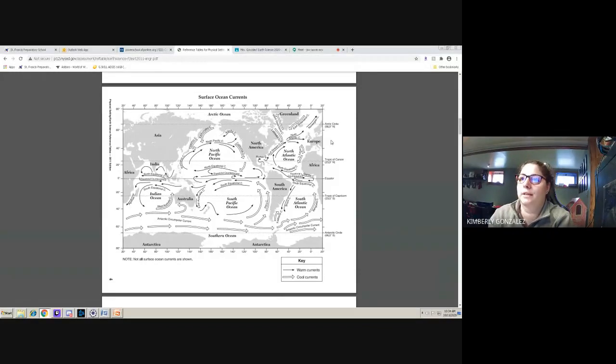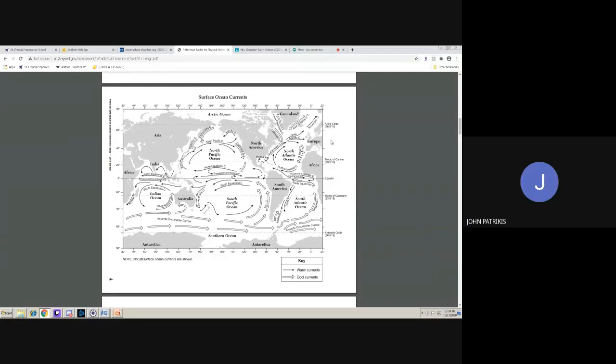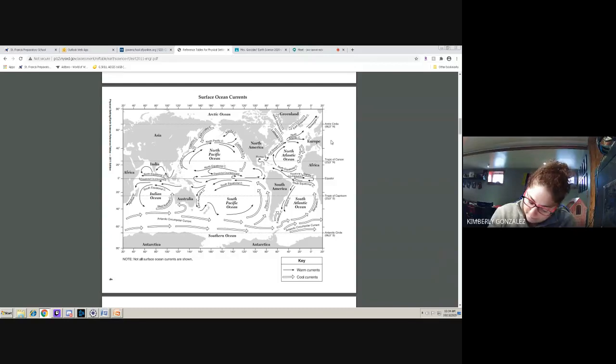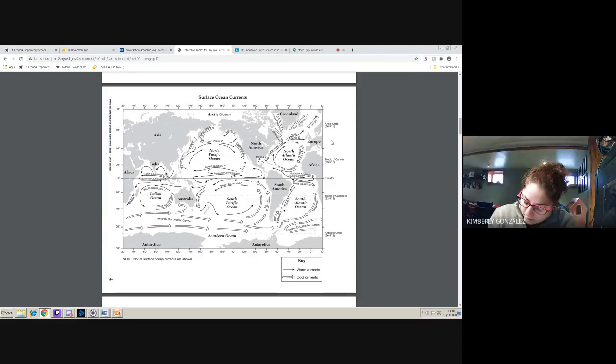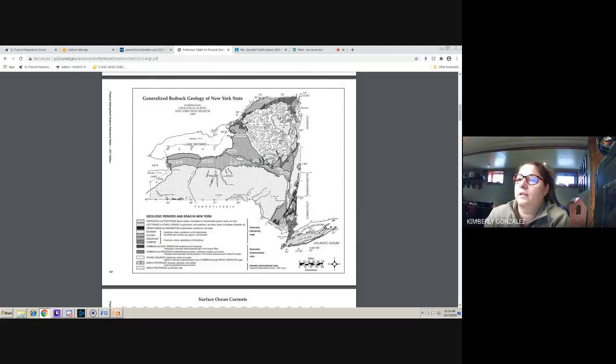Where do you think New York is? Isn't it like 41? That's for latitude, yeah. But what about longitude? Around 70, a little bit more than that? 74? So look back up here. It's between 72 and 80 degrees west.